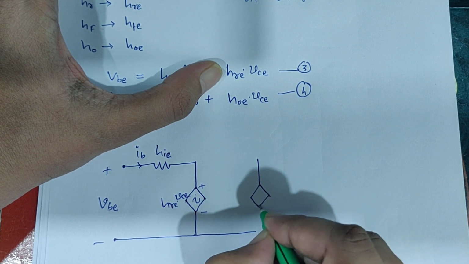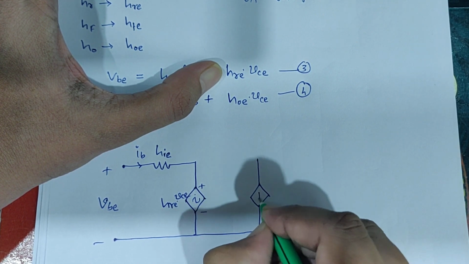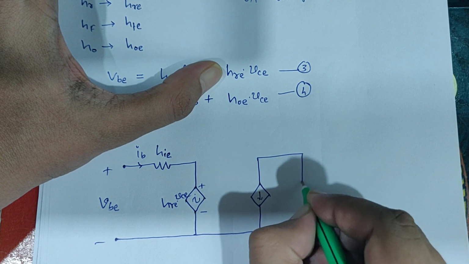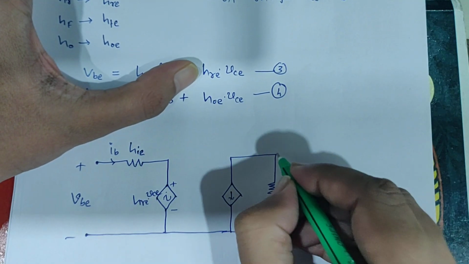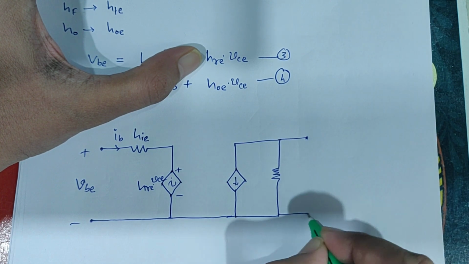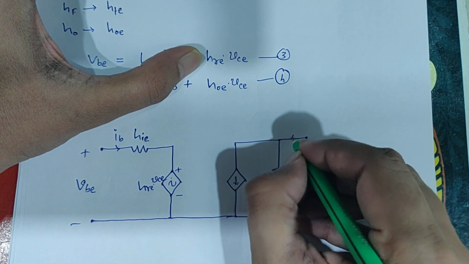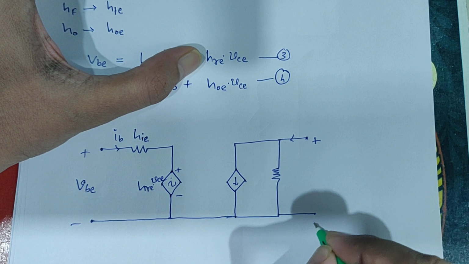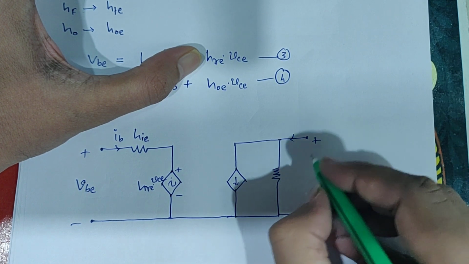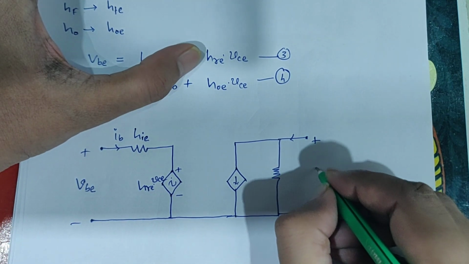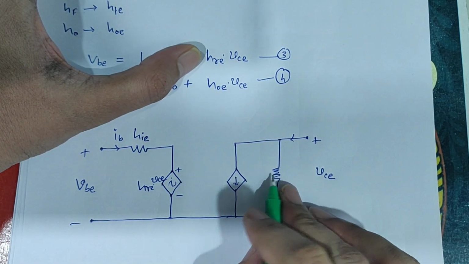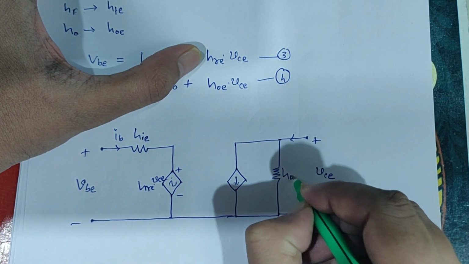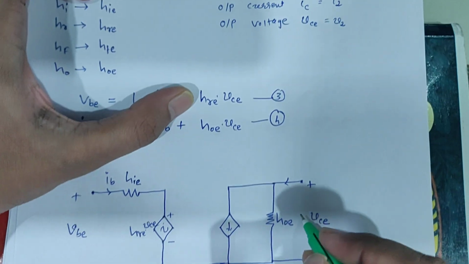Now this will be the dependent current source, and this will be the output admittance. Here we are applying the voltage V2. So this is not V2, this is VCE. This is HO, so it becomes HOE.